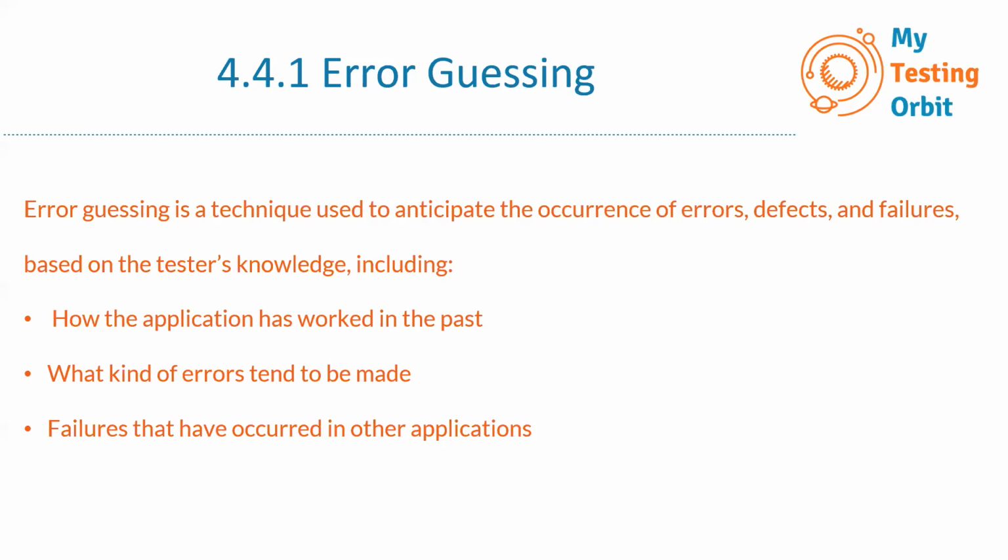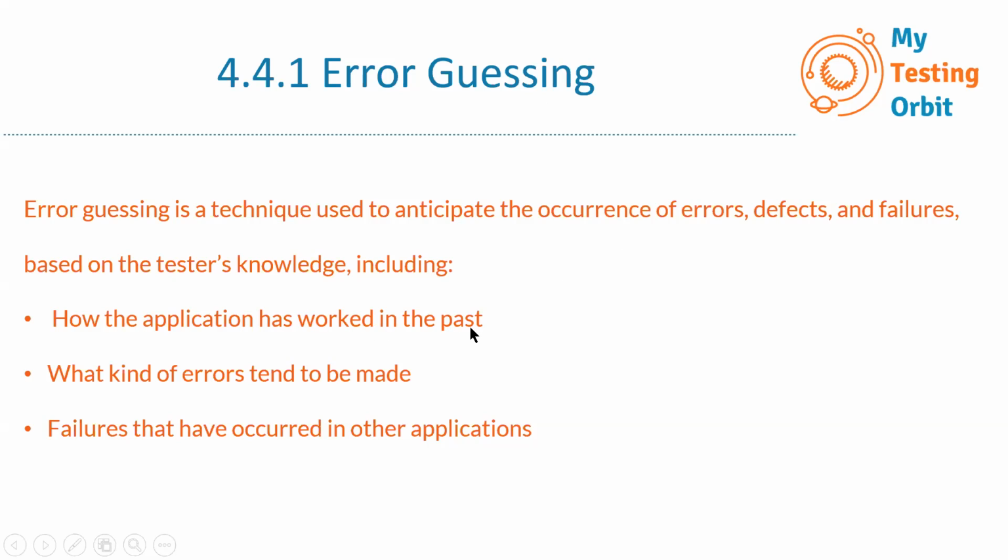As all these are experience-based test techniques, whatever we are talking about is based on the prior knowledge or experience of anyone who is part of that project, who has worked on a similar system or domain. So error guessing can be based on how the application has worked in the past.